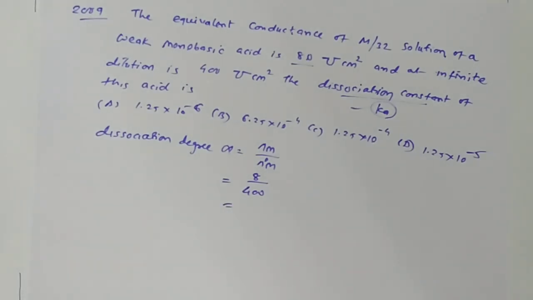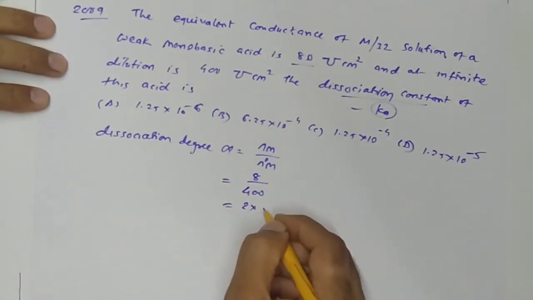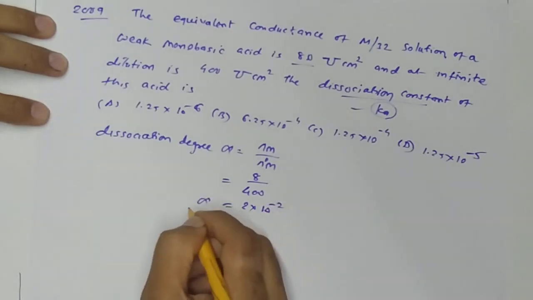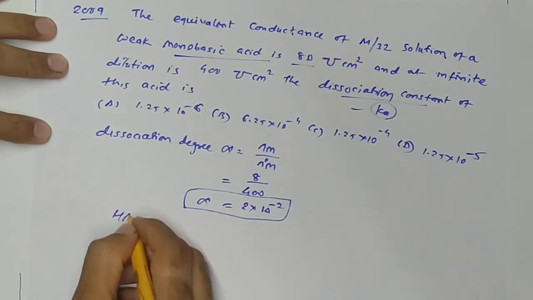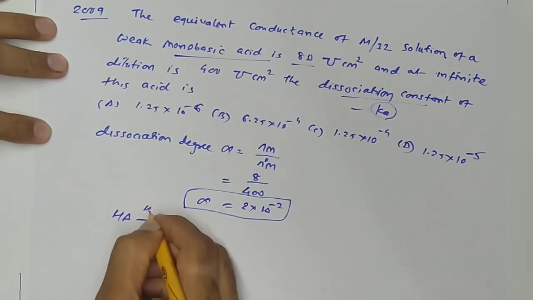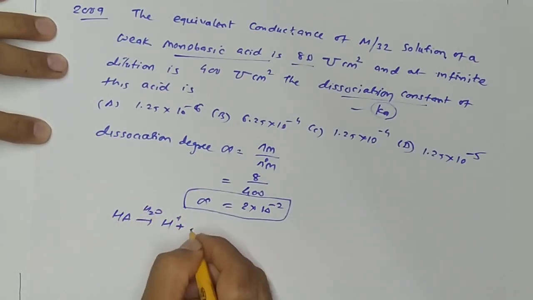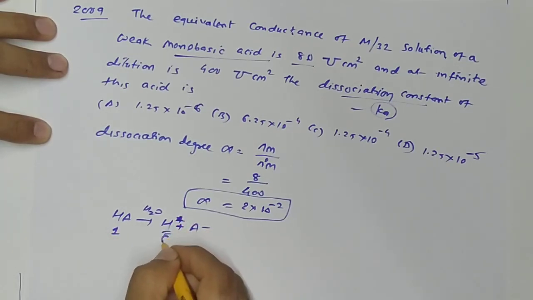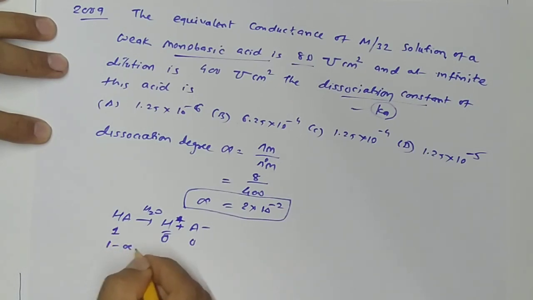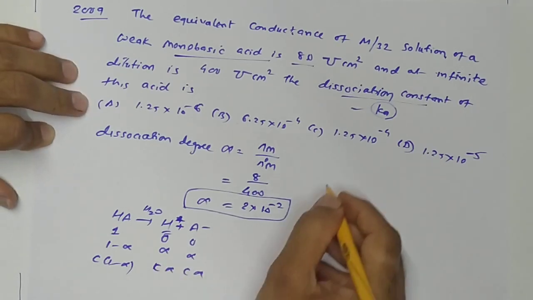So 8 divided by 400 is 2 × 10^-2. Now suppose HA is a monobasic acid, it gives one H+ ion. Initial concentration C, 0, 0; at equilibrium C(1 minus alpha), C alpha, C alpha.